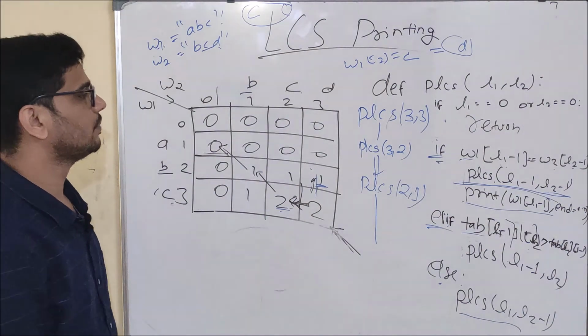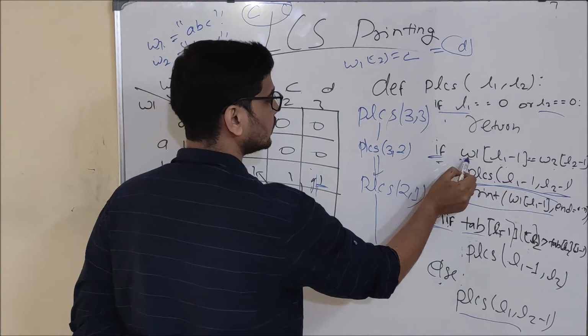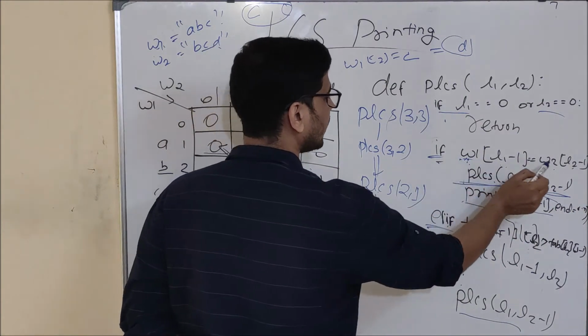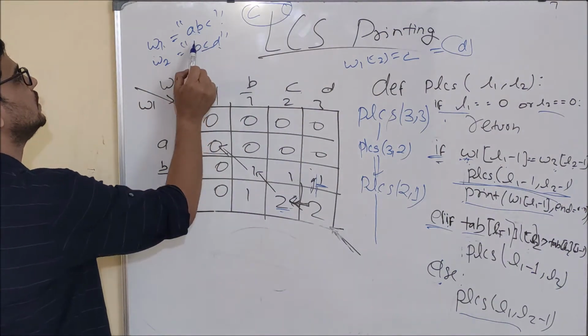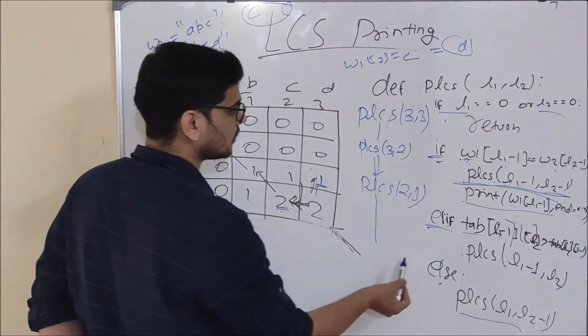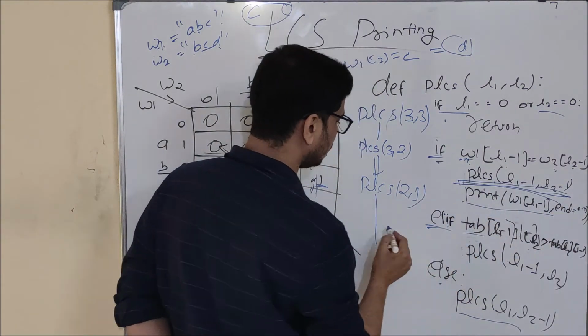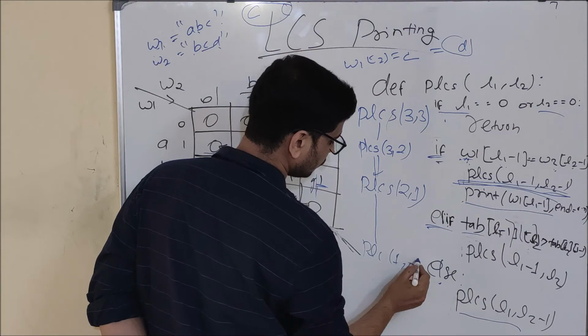And now what is going to happen? This is false and W1 of 1 and W2 of 0. W1 of 1 is B and it is B. So again it is matching. So what will we do? We will make a function call to PLCS 1, 0.